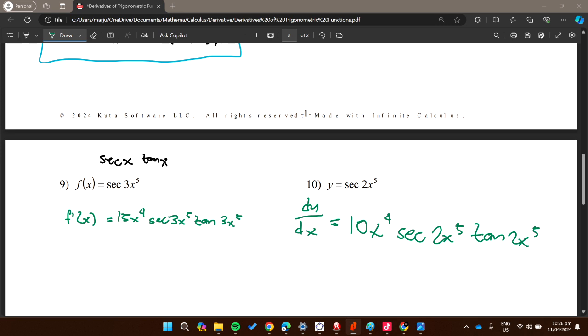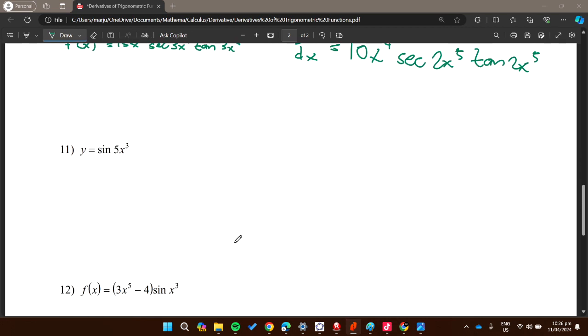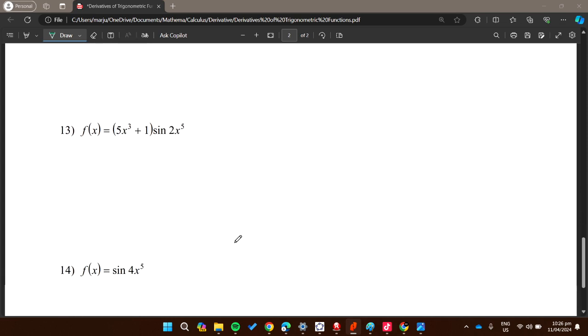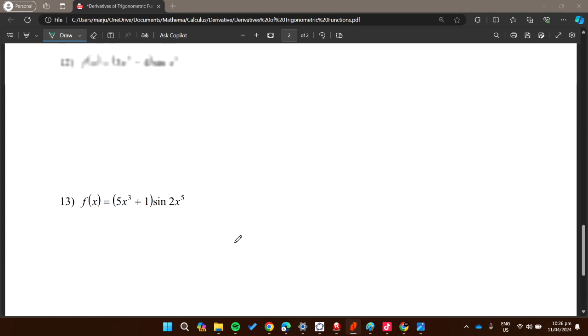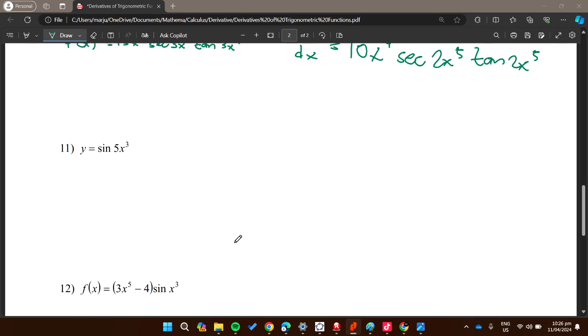So, let's have number 11. Alright, number 11. And then, number 12 to 14, medyo mahirap na, I think. Yeah. So, meron ng product rule. So, let's do 11. So, again, derivative of sine is just cos. Right? So, this is very straightforward.